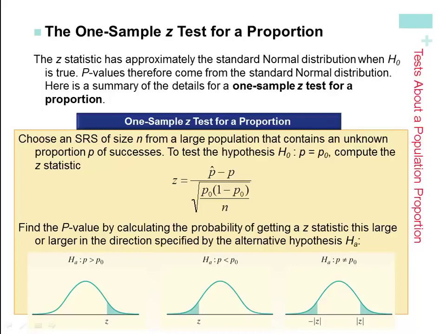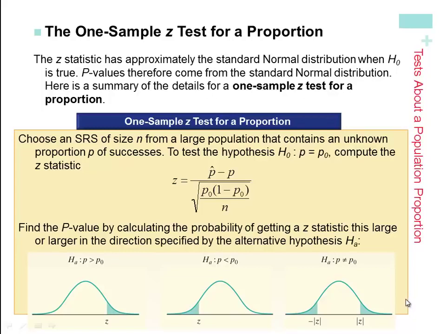To test the hypothesis p is equal to p naught, compute the z-statistic: z is equal to p hat minus p naught, divided by the square root of p naught times 1 minus p naught, divided by n. This denominator is the standard deviation of your sampling distribution, and p naught is the mean of your sampling distribution.